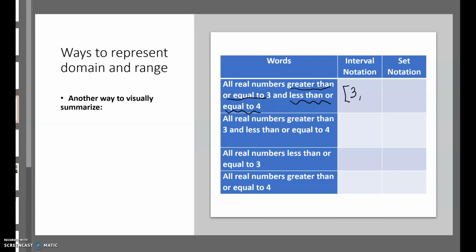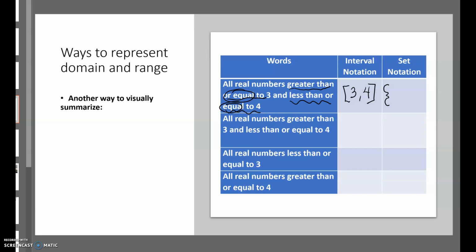And we start at 3 and we go to 4 and we're going to have another hard bracket. The reason we have these hard brackets is because of this little equal to part.